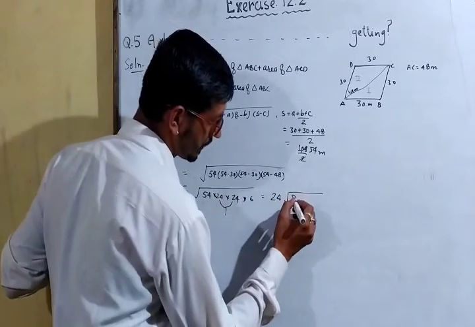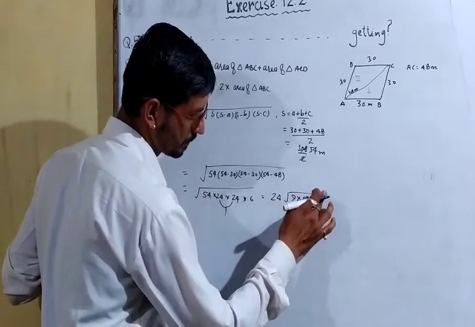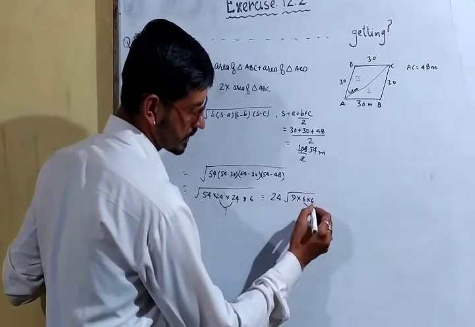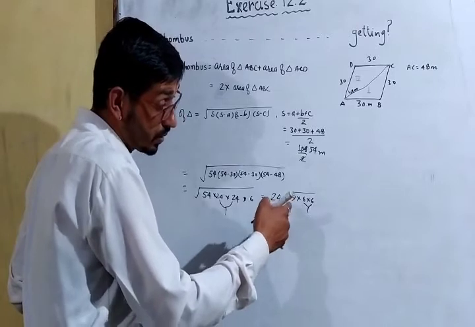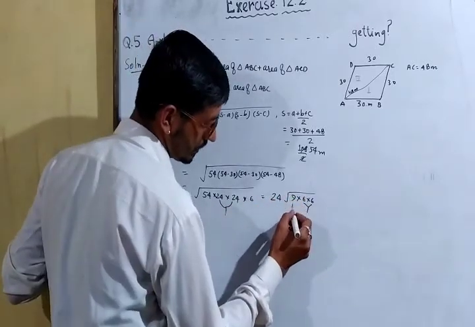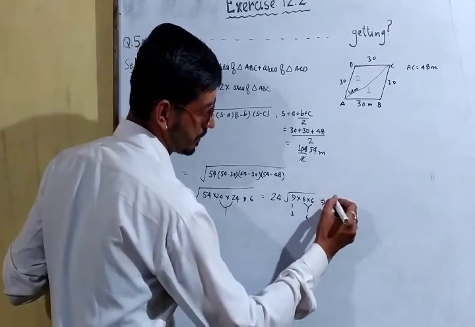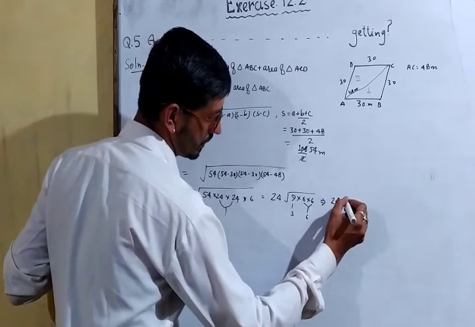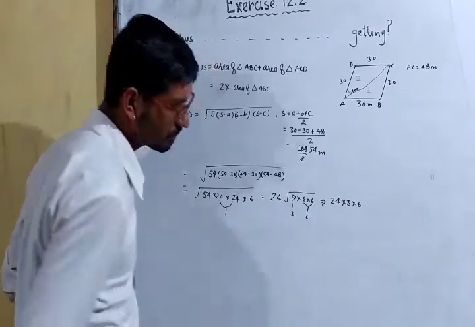It will become 9 into 6 into 6. Okay? Now 6 in pair now, and we know that the root of 9 is 3. So it will be 3 and 6 will be out. So what will be left inside? 24 into 3 into 6.